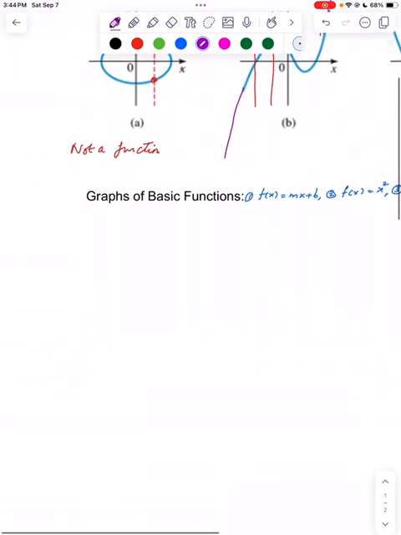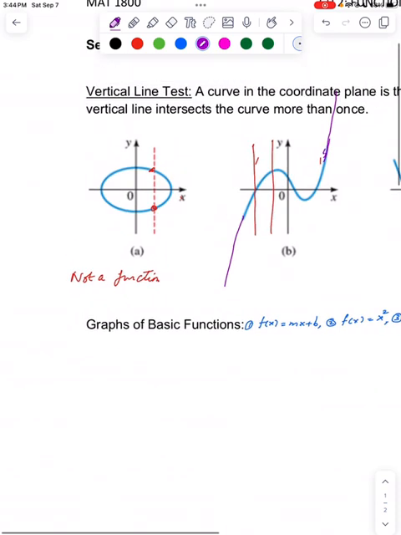So wherever I draw the vertical line, even far away to the left or far to the right, it will eventually cross the graph, and only in 1 point. So this is a function. Let me write it clearly. This is a function.